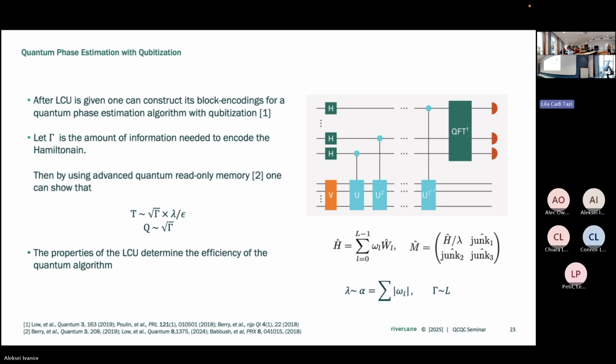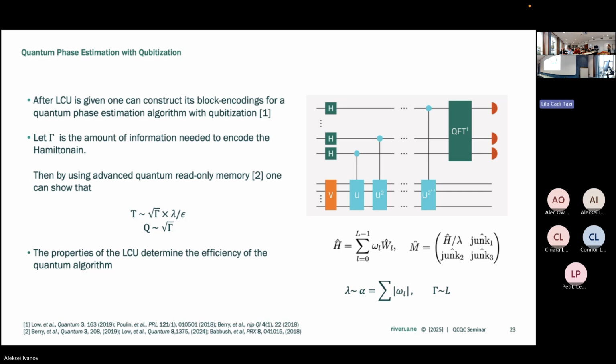And what is shown in all of these papers is basically the cost of this algorithm will be proportional to square root of gamma, where gamma is the amount of information you need to specify this Hamiltonian. Basically, how many bits you need to specify all omegas, and the number of qubits will be proportional to square root of gamma.